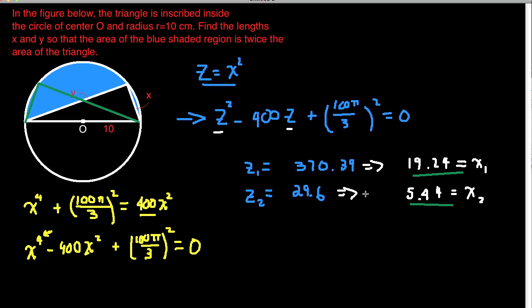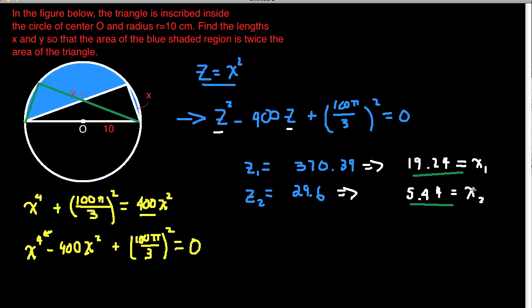Now, whenever I do a problem that's as complicated as this, I make sure that it satisfies the conditions of our problem, that it satisfies the problem as it's given. So what you need to do is compute the area of the triangle with these sides.